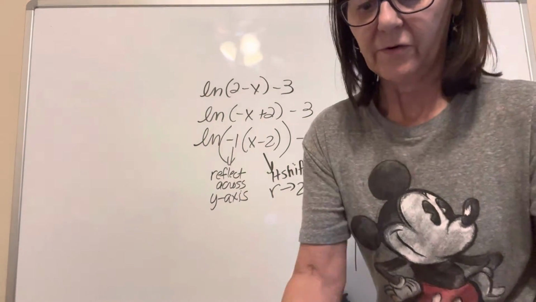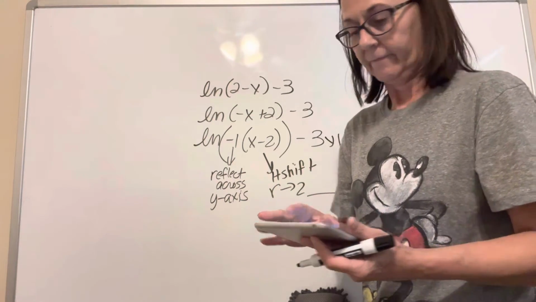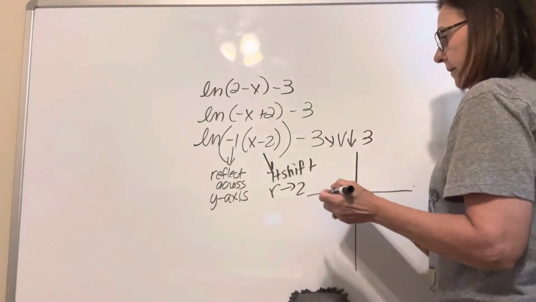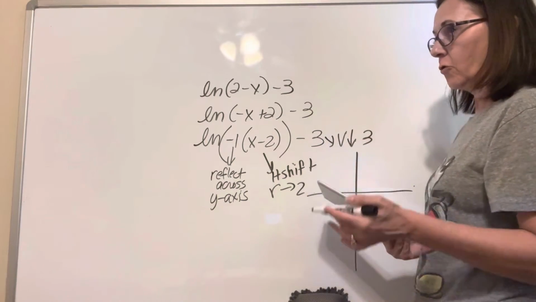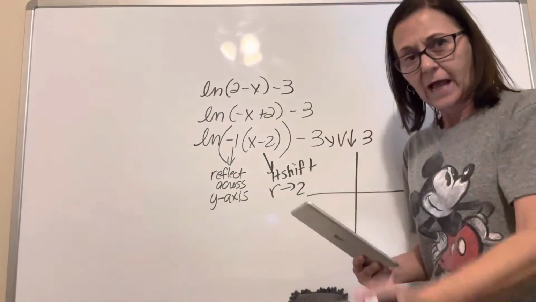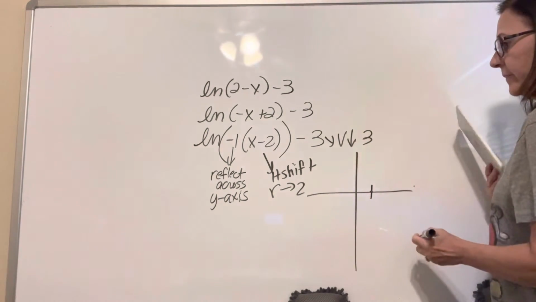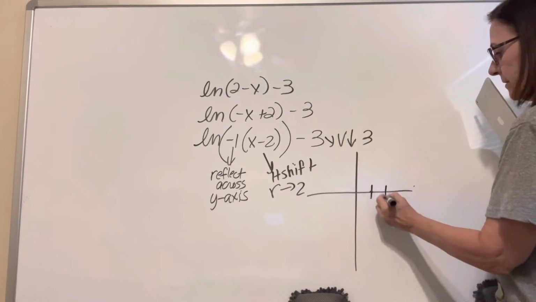All right, so if you look at the image here, we're actually reflecting it across that new vertical asymptote. Okay, so from here, what have we shifted? Right by 2.